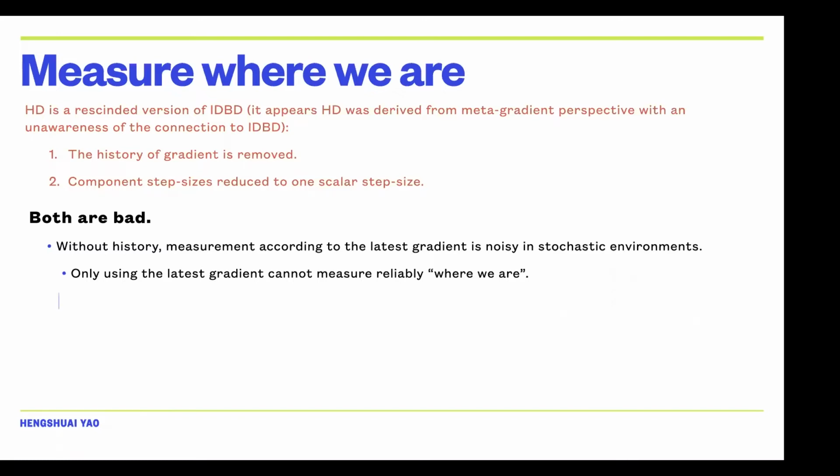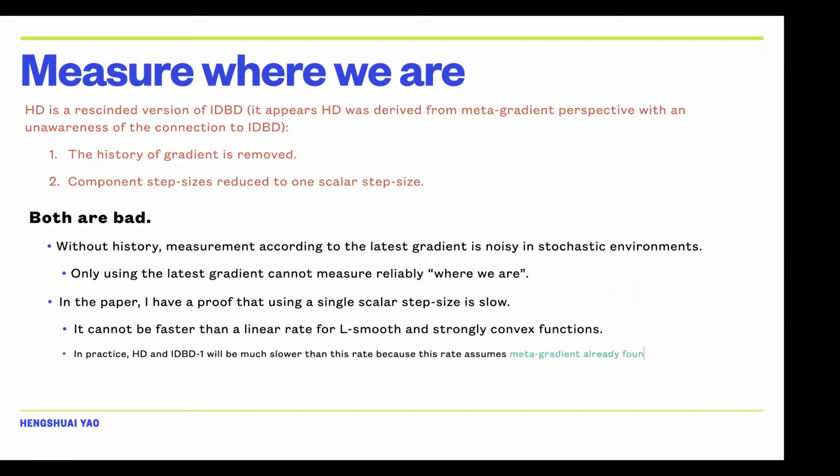In the paper, I have a proof that using a single scalar step size adapted by meta-gradient is slow. It cannot be faster than a linear rate for L-smooth and strongly convex functions.